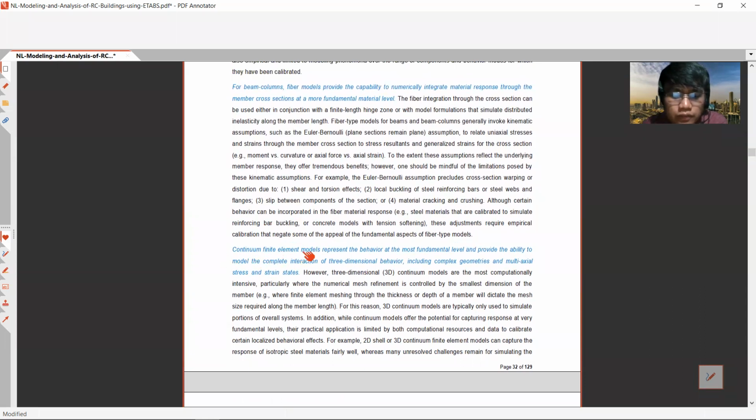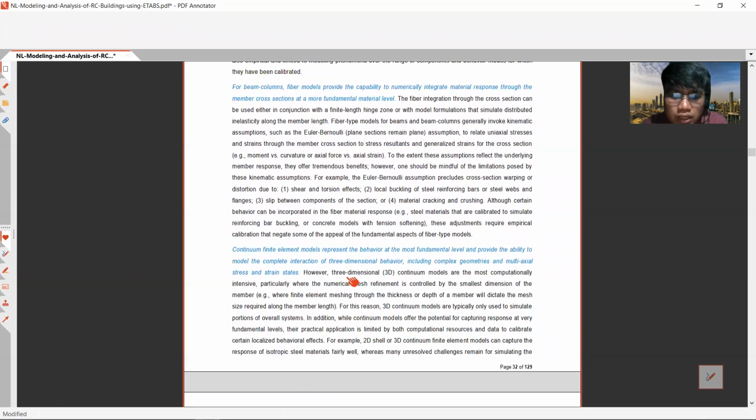Okay, so the continuum finite element models represent the behavior at the most fundamental level and provide the ability to model the complete interaction of a three-dimensional behavior, including the complex geometries and multi-axial stress and strain states.